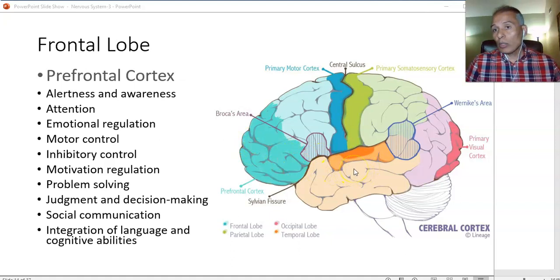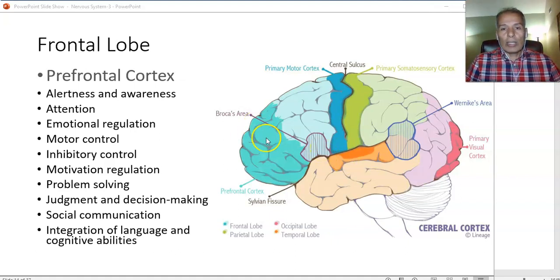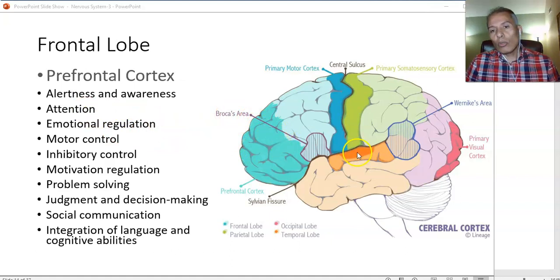It tells it what to store for long term, what not to store. It enables you to have alertness and awareness, to be aware of who you are, where you are, to be oriented to space and time, and so on. It enables you to have attention, to regulate and control your emotions.